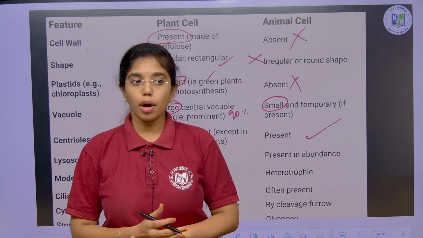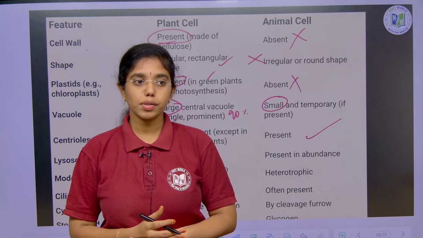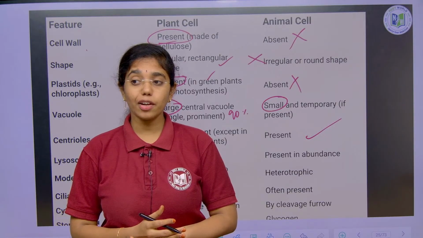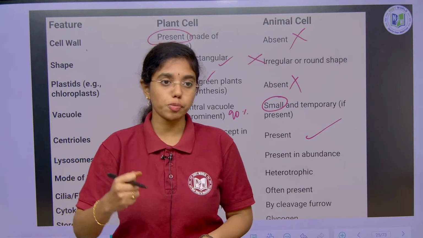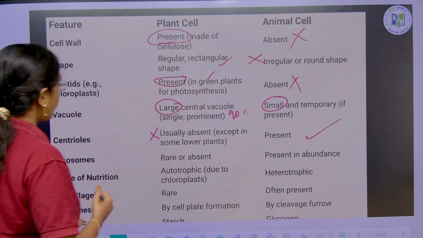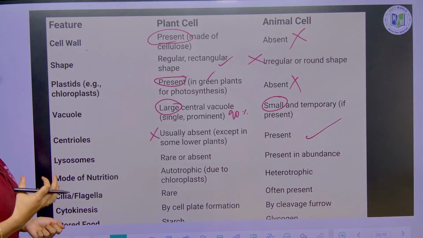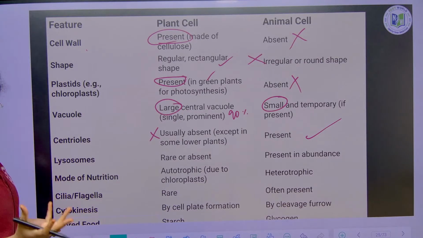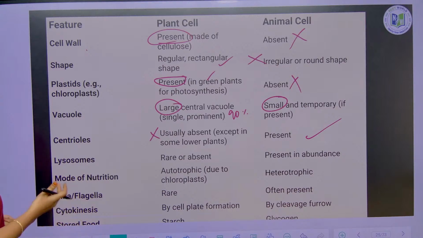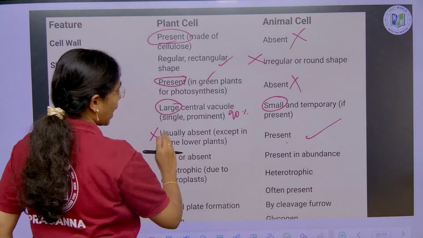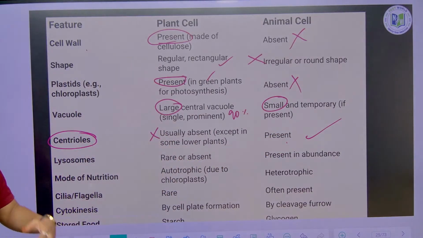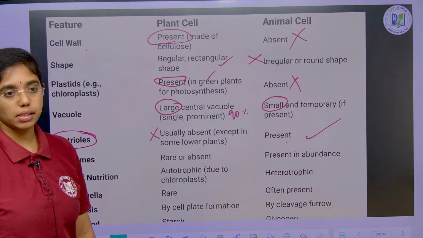they help in the formation of spindle fibers. Spindle fibers play a key role in the cell cycle and cell division especially. For the formation of spindle apparatus or spindle fibers, centrioles play a crucial part. In animal cell they are present, in plant cell they are absent. Then how is the formation of spindle fibers or the function compensated?